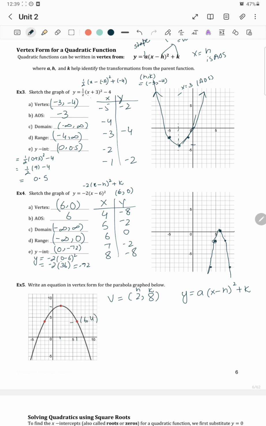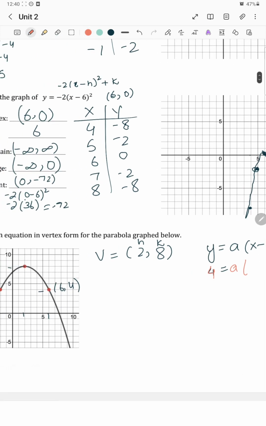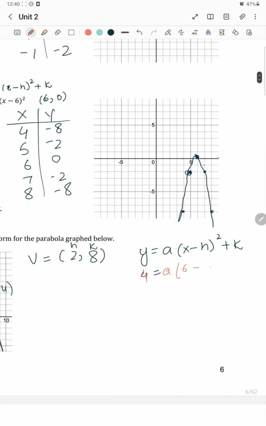Let's take the point 6 and 4. So we have 4 equals a times 6 minus 2 whole square plus 8. 4 equals a times 4 square plus 8. 4 minus 8 divided by 16 is equal to a, minus 8 by 16 is equal to a, minus 1 by 2 is equal to a.